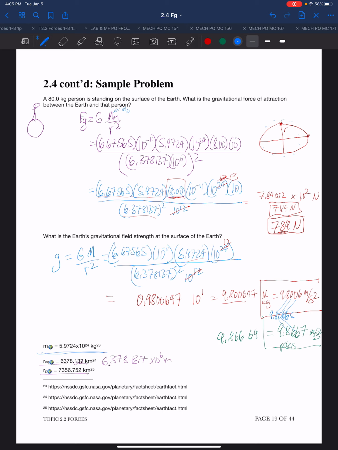So we can see that this number lies between those two, which it should. The least it would be at the equator, and the most it would be at the poles, with probably most locations having a value between those two numbers overall. So that's how we would do a sample calculation of force of gravity and the gravitational field strength.